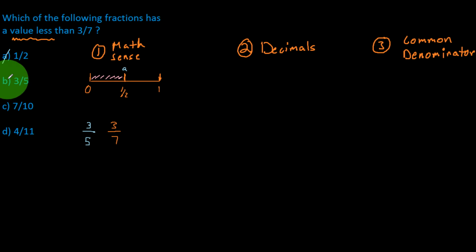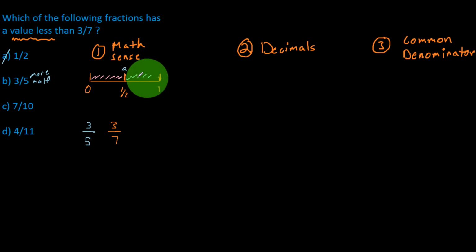Another way of thinking about this before we cross B off is, well, what if we didn't write that down there? What if we just looked at 3/5 here and said, well, you know, 3 is more than half of 5. Therefore, I'm just going to write more than half here. More than half. Since it's greater than half, it would land somewhere between this halfway mark and 1.